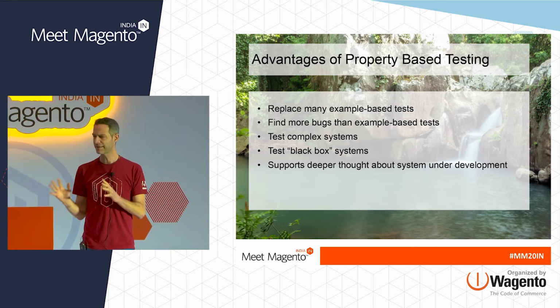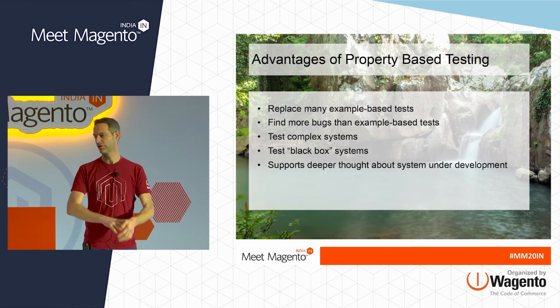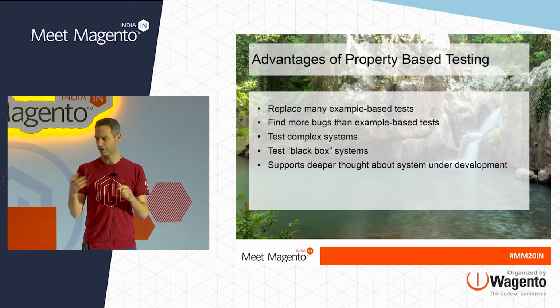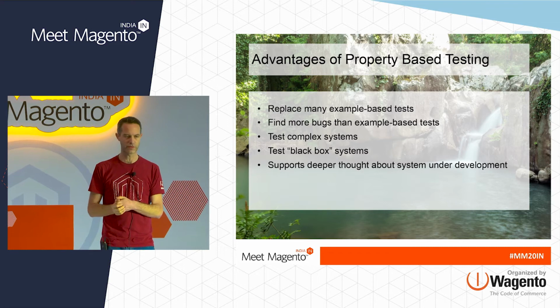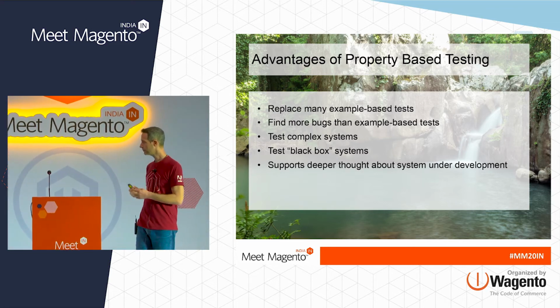So we can test any system, if we have the source code or not, with property-based tests. We can use front-end tests to test UI errors. We can test for pretty much anything that we can write properties for.